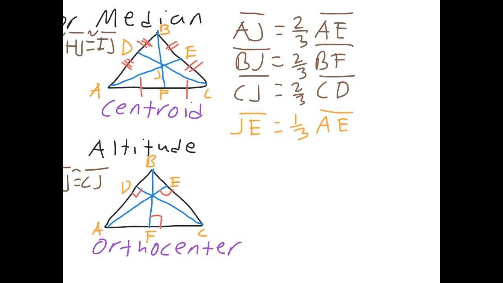And that works for the other two as well. Line segment JF is equal to 1/3 line segment BF. And line segment JD is equal to 1/3 line segment CD.